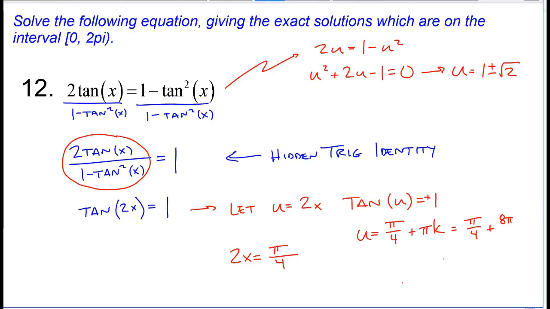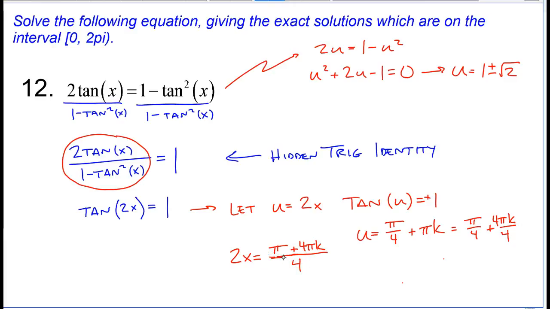Oh, hold on, there's a mistake: plus 4 pi k over 4. Okay, so by writing that, I can consolidate this solution and write it as pi plus 4 pi k all over 4. That looks ridiculous with that 4 there. You deserve better, so I'll write it right here.